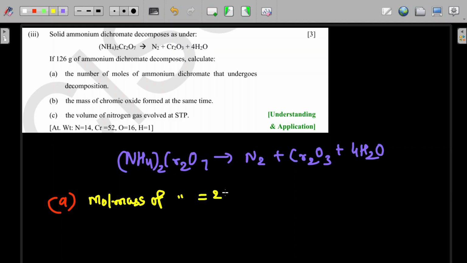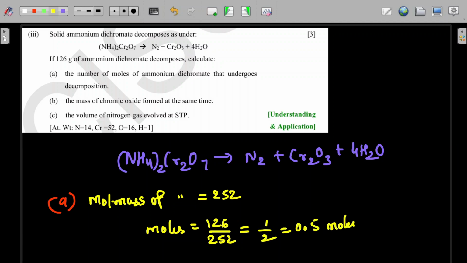Molecular mass of ammonium dichromate is 252. Therefore, they have asked the number of moles of ammonium dichromate, that is 126. So, moles will be 126 divided by 252. 1 by 2. 0.5 moles. That is the first thing.